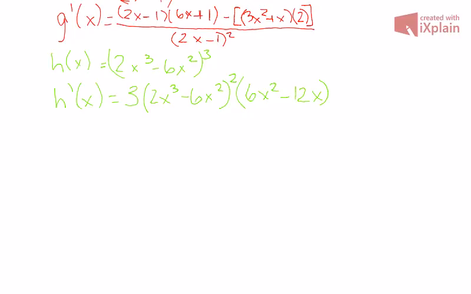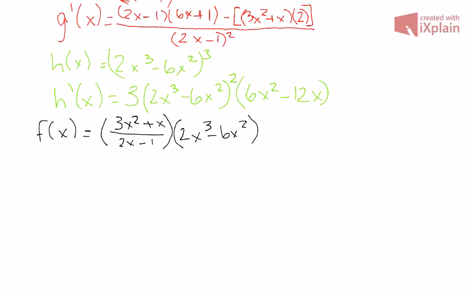So now if we go back to our original function, which I'm going to write down here, we have f of x equals 3x squared plus x over 2x minus 1 times 2x cubed minus 6x squared, cubed. This here was our green function, which is h of x.